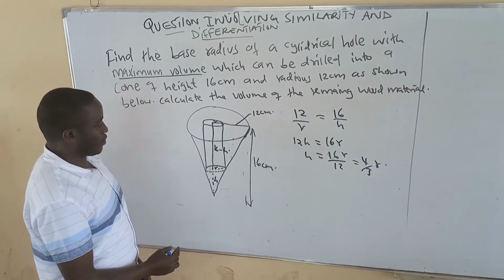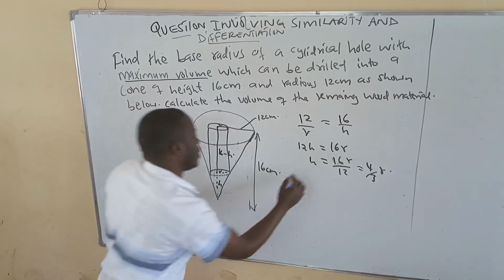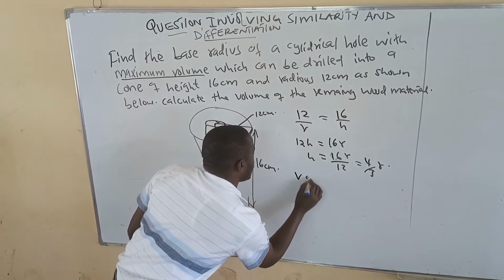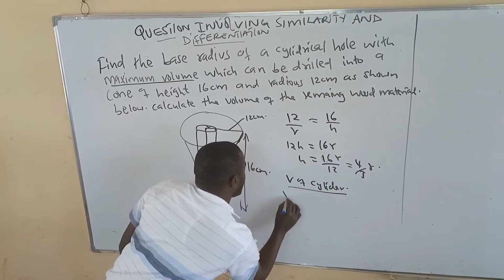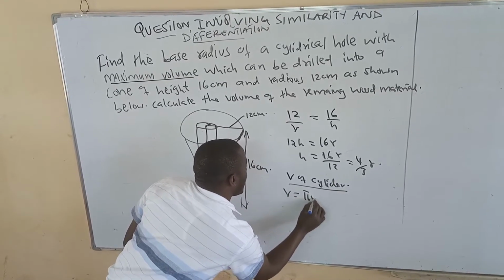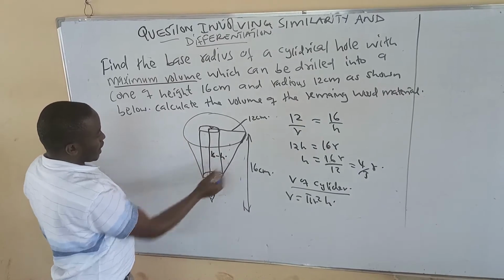Now we know the volume of a cylinder is V equals pi r squared h, and our height here is 16 minus h.